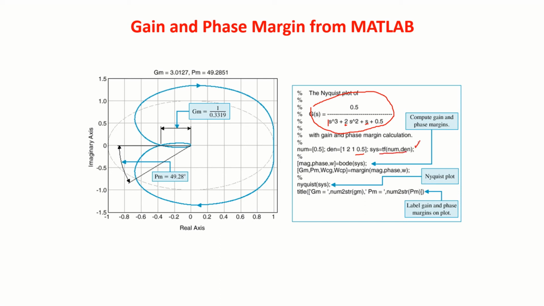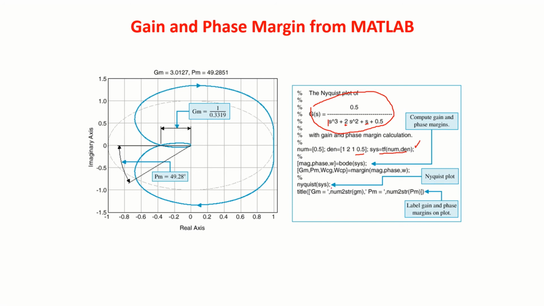Then you get magnitude, phase angle, and the corresponding frequency from Bode. Then we calculate the gain margin, phase margin, gain crossover frequency and phase crossover frequency. These functions will do that.